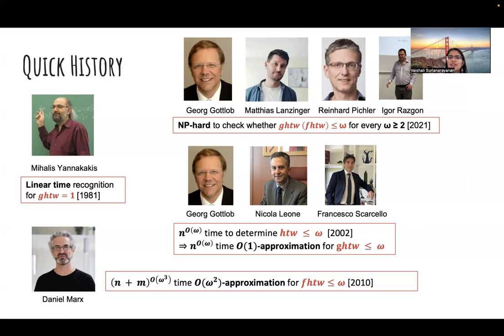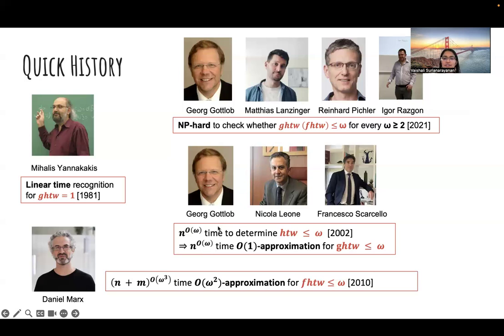But Georg Gottlob, Matthias Lanzinger, Reinhard Pichler, and Igor Razgon showed that it's NP-hard to check whether generalized hypertree width and fractional hypertree width are at most omega, even for omega greater than or equal to 2, right? So even for 2, in 2021.